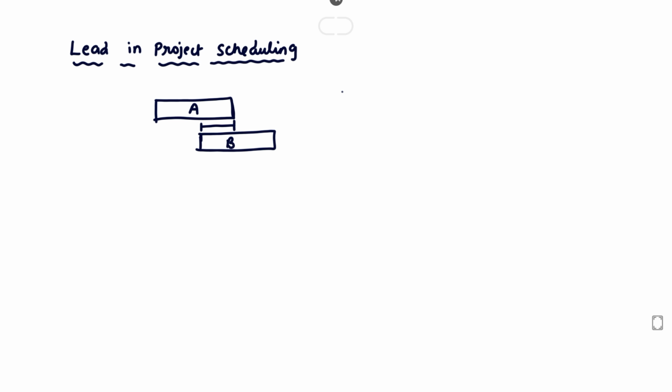Before that, we have to know the relationships between the activities. The first is finish to start. Next is start to start. Next is finish to finish. Next is start to finish. Whenever the first activity is finished, after that the second activity will be started, so that is called FS, finish to start.